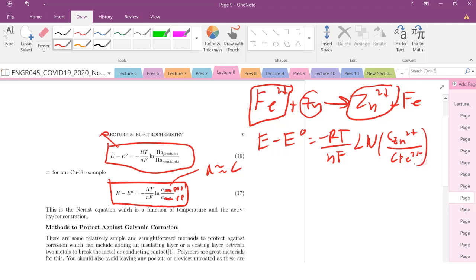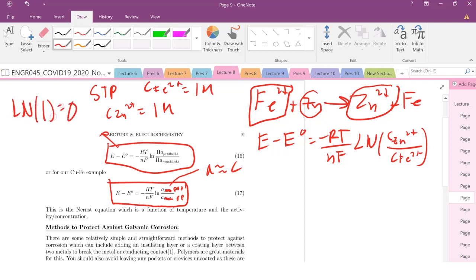Now, what happens when we're at STP? Well, we know that the concentration of Zn2+ is equal to 1 molar. We know that the concentration of Fe2+ is equal to 1 molar. So what is the natural log of 1? Ln of 1 is just 0.